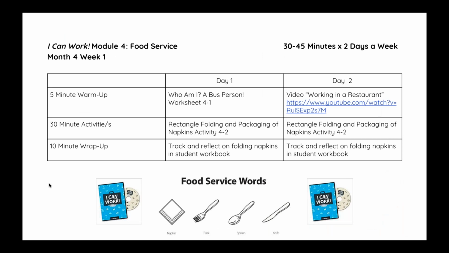And then here's another lesson plan just to give an example, utilizing that first week to really talk about the bus person job. What are we going to learn about? Having a video related to working in a restaurant, practicing the skill twice that week for 30 minutes of folding napkins into a rectangle, and then taking the time to really track and reflect.